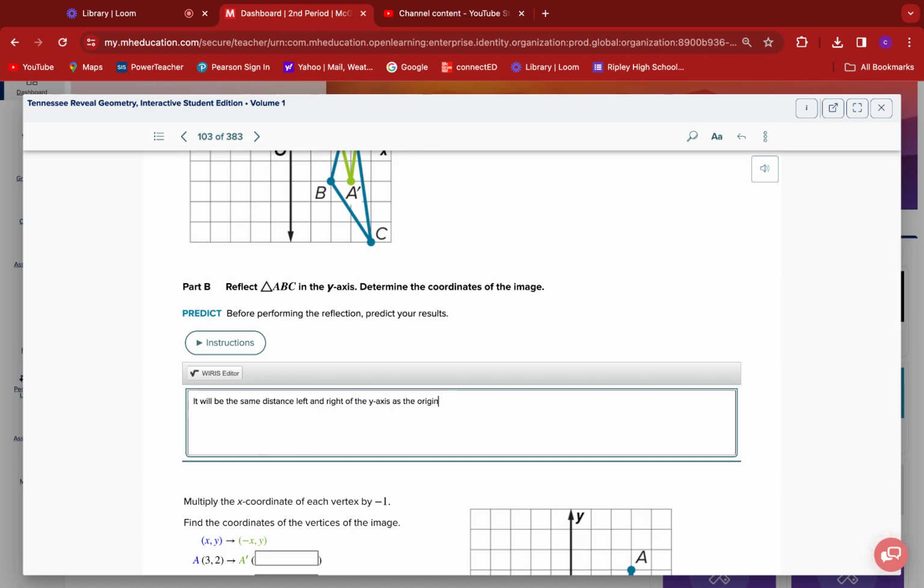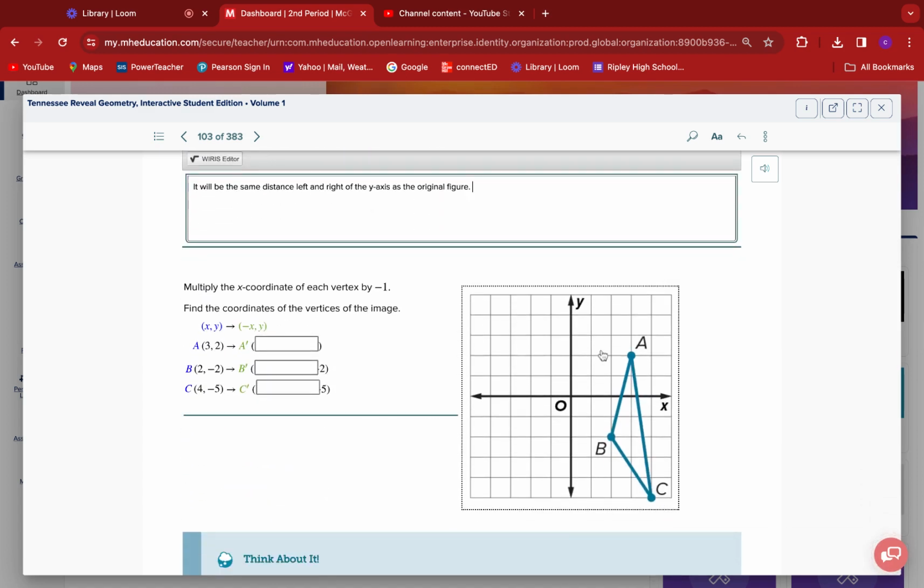I can't spell original. All right, so what I mean by that is here's your original figure because it's a regular A, a regular B, a regular C. A is 3 on the right, which means my A prime, 3 on the left. It'll be a boom right there. B is 2 on the right, the new B, B prime, 2 on the left. The original C is 4 on the right, the new C, C prime would be 4 on the left.